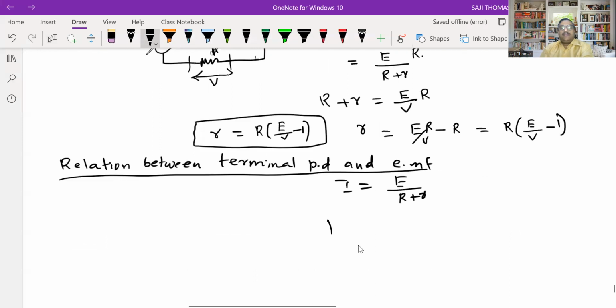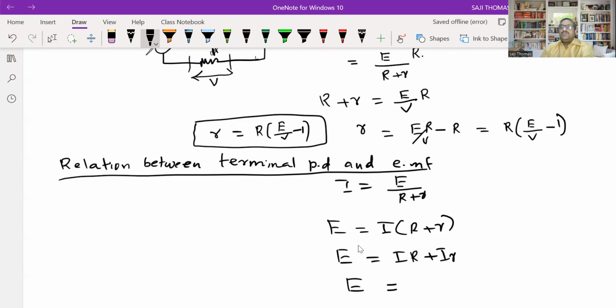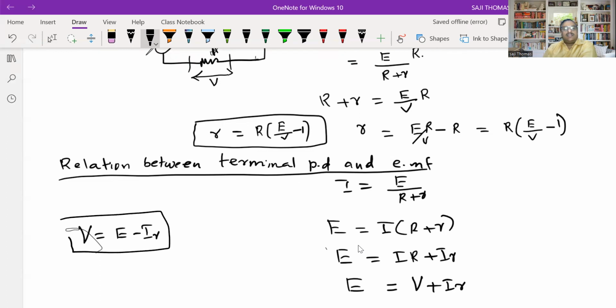If you cross multiply, E equals I into (R plus r). E equals I into R plus I into small r. This I into R is the terminal potential difference, V, so E equals V plus Ir. Or we can write V equals E minus Ir. See, this is the relation.